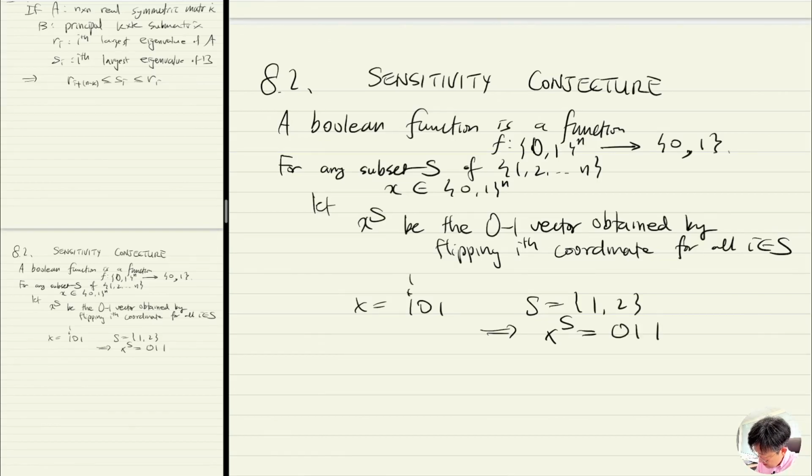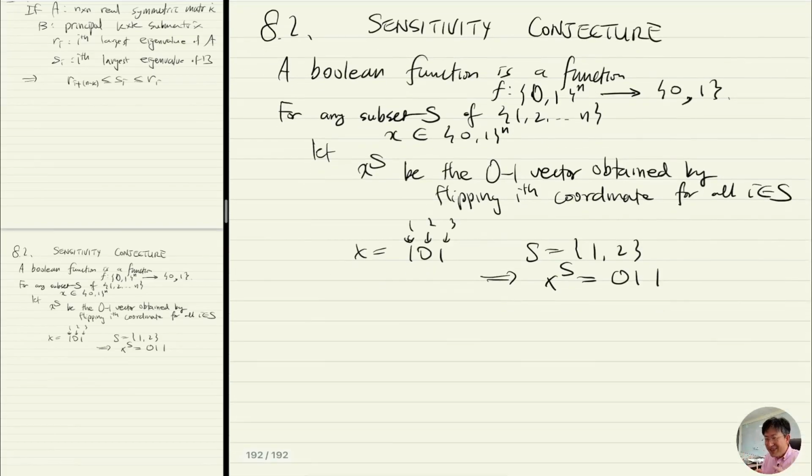So this is positions 1, 2, and 3. You're flipping some bits, and then you get a new input.